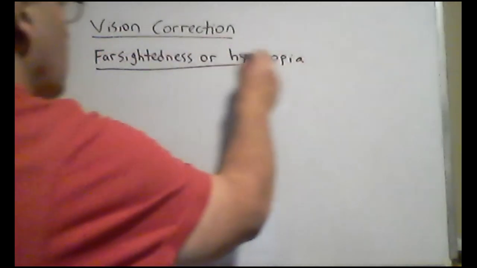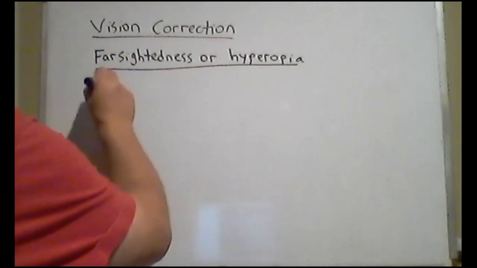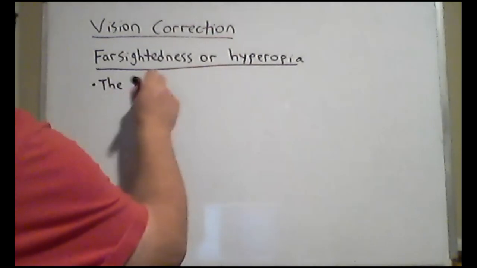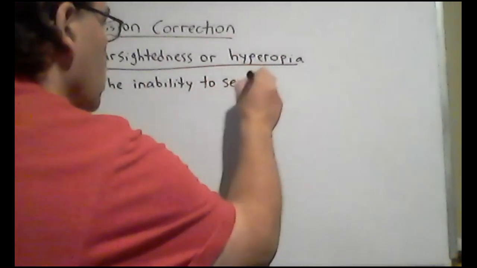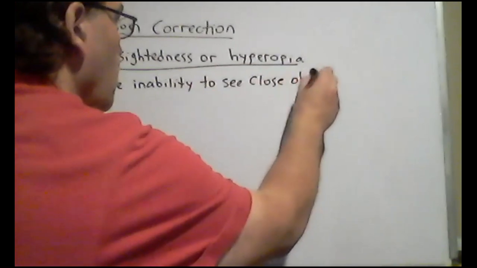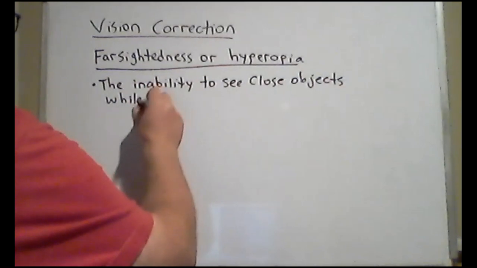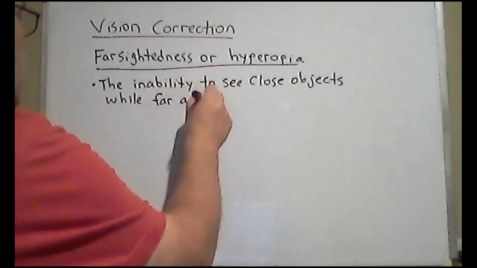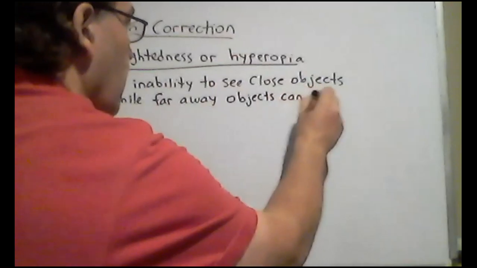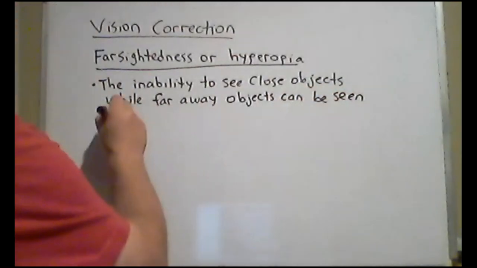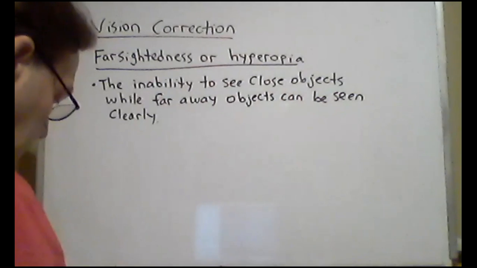Farsightedness is the inability to see close objects, while far away objects can be seen clearly.